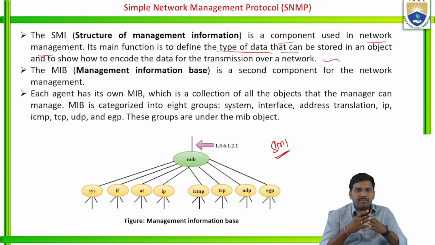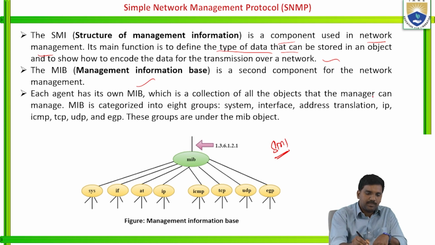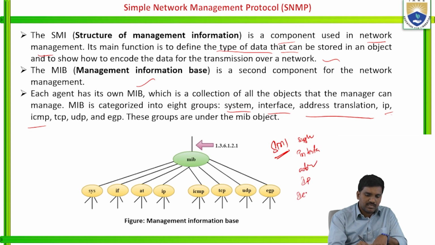Next is the MIB, the management information base, the second component of network management. Each agent has its own MIB, which is a collection of all the objects that the manager can manage. MIB is categorized into 8 groups: system, interface, address translation, IP, ICMP, TCP, UDP (user datagram protocol), and the last one, EGP.